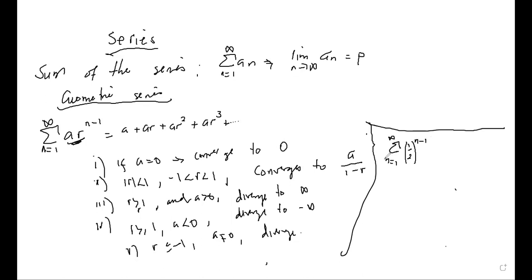In this case, our a is 1 because a is always the coefficient of what is powered. As we can see here, a is not under any power, but r is the one that has the power. So a is 1 in this case, and r is positive one half.